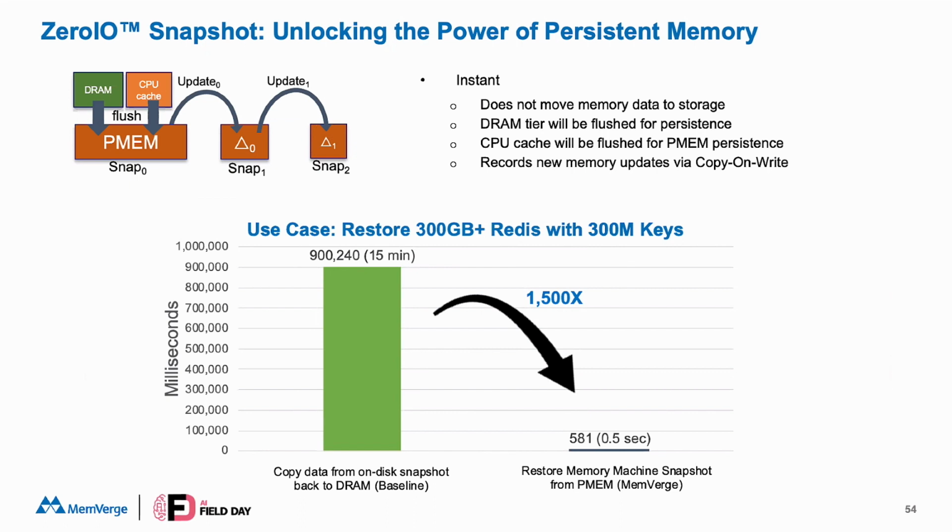Initially, the database's conventional snapshot sits on the SSDs. When we load this back, it takes about 15 minutes for the database to finish loading and start serving the user.